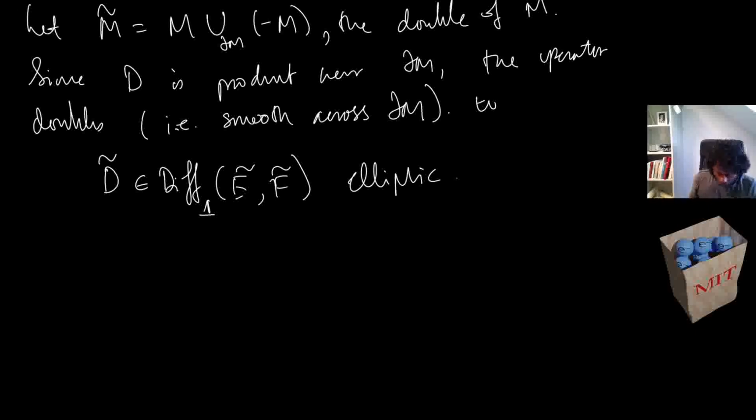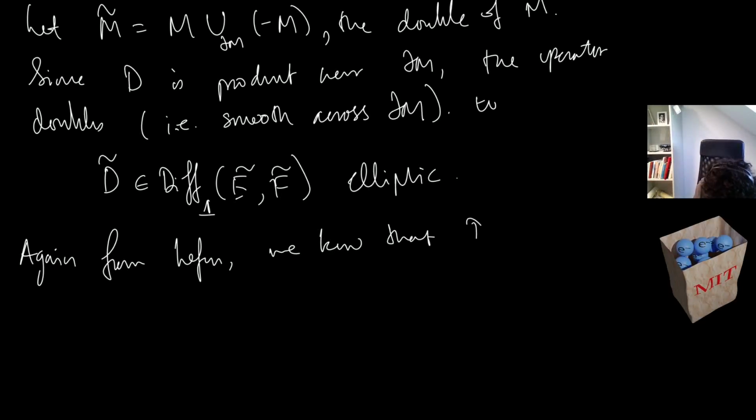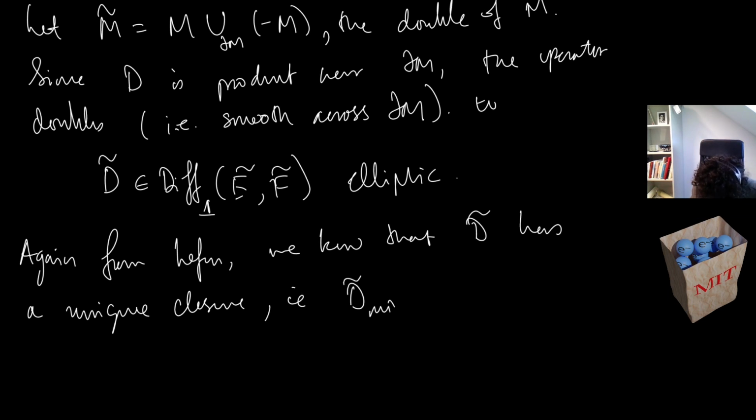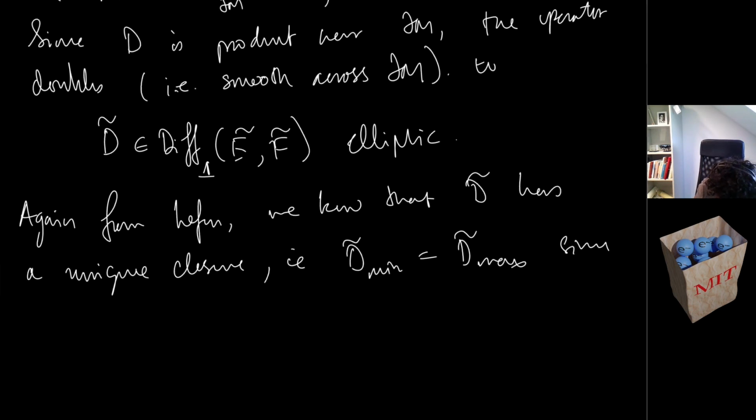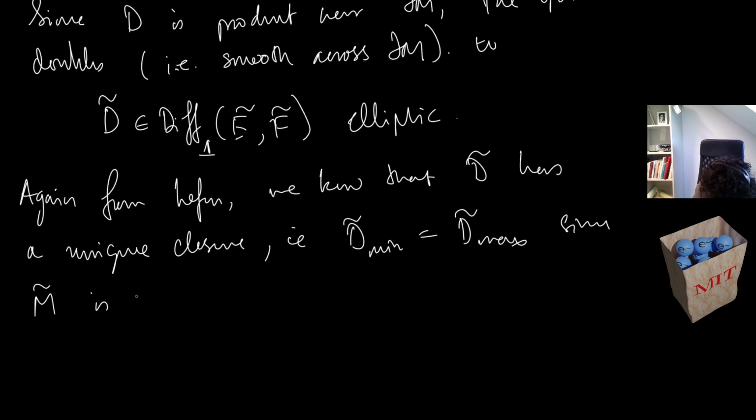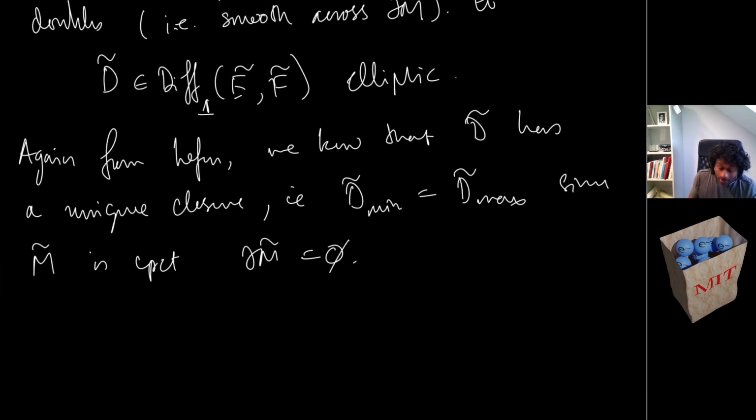So now we know from before that D tilde has a unique closure, i.e. D tilde min equals D tilde max, since M tilde is compact with the boundary of M tilde being empty. Okay? And in fact, their domains are going to be H1.